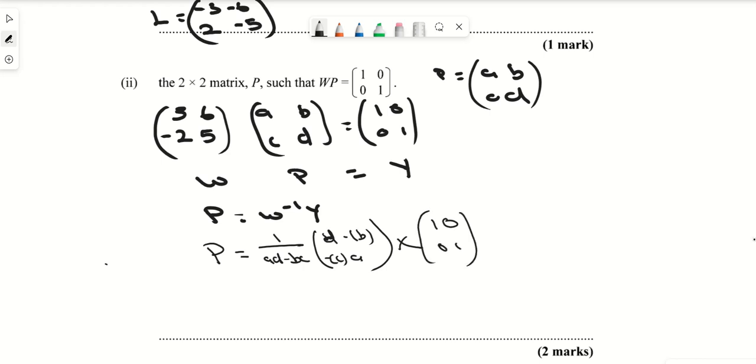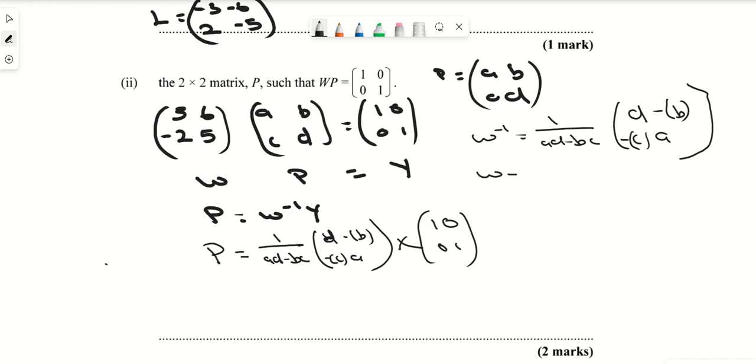So first off, let's say W inverse would be 1 over AD minus BC multiplied by D here, A on top, negative B, and negative C. So W inverse is 1 over, and if we label this A, B, C, D, we see A is 3, so that's 3 by 5 minus BC, which is 6 multiplied by minus 2.